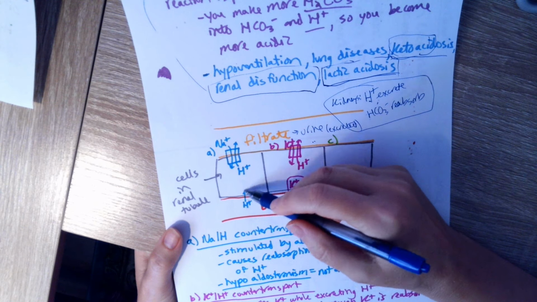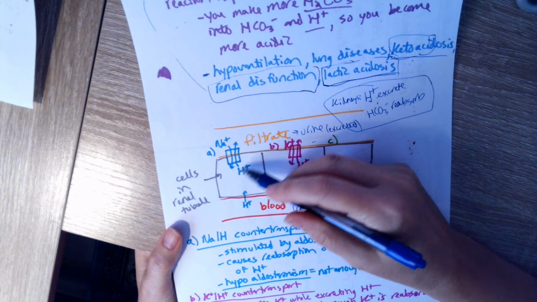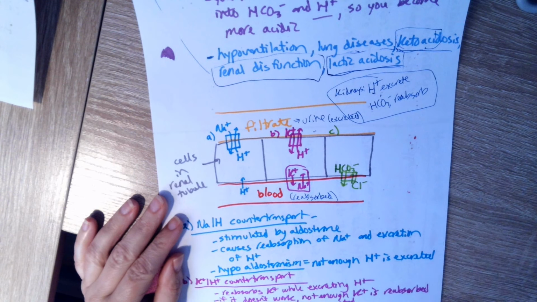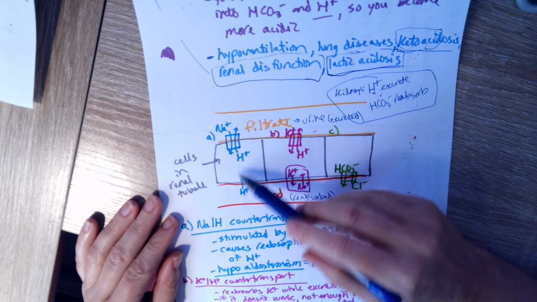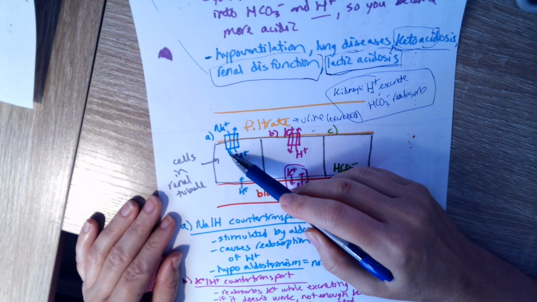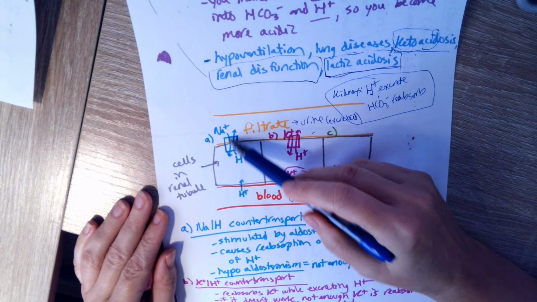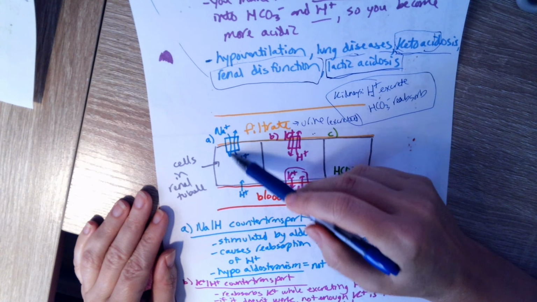The hydrogen is coming from the blood and from what's going on in the cells too, with the whole buffer system going on in the cells of the renal tubule, because it does happen in there. So we're excreting the hydrogen and we're taking a sodium and putting it into the cell. Sodium always wants into the cell anyway, so that's easy to do.